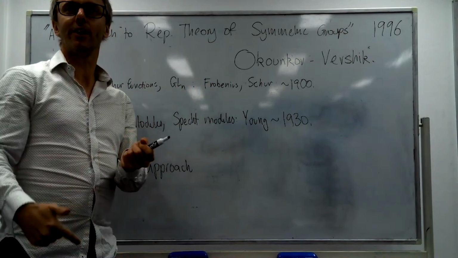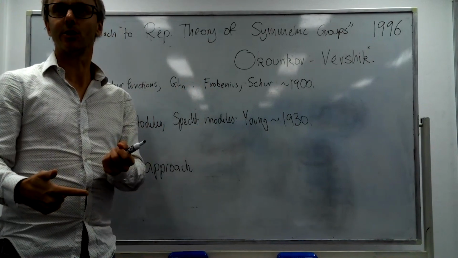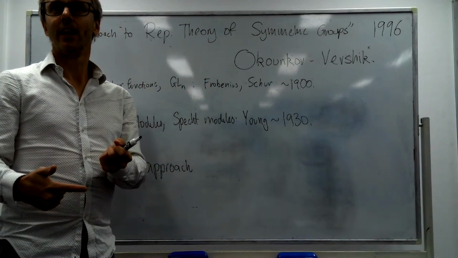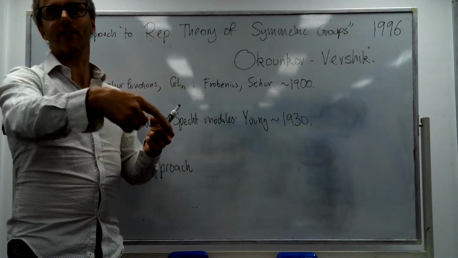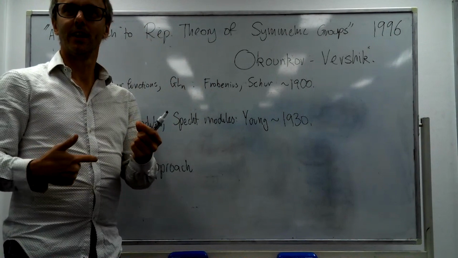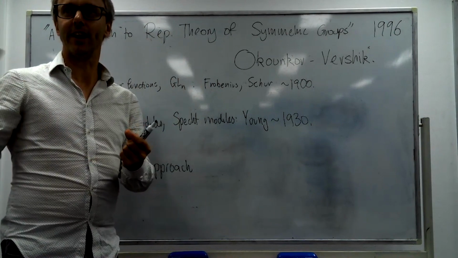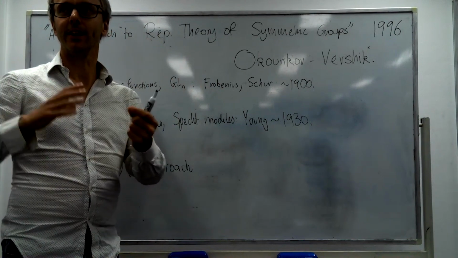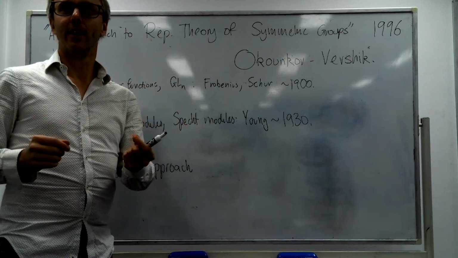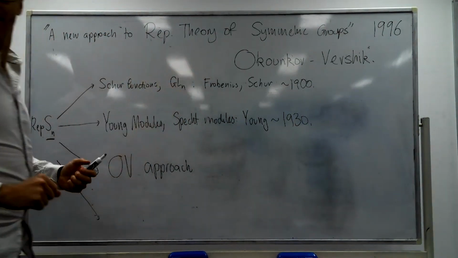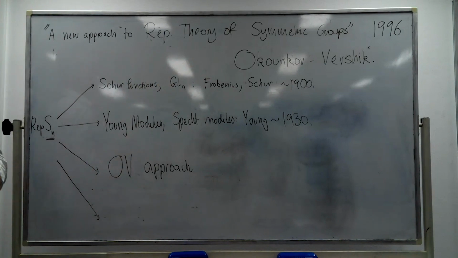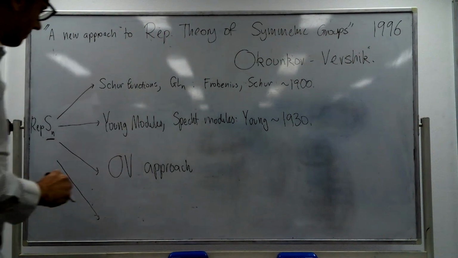And then he said to his fantastic student, Issai Schur, it looks like you could get to GL_n, and maybe it's easier once you've done GL_n to go back to symmetric groups. And that's what Schur did in around about 1910. And you have Schur-Weil duality. But I don't have it very clearly in my head at the moment. Roughly, there's a cloud of ideas there.